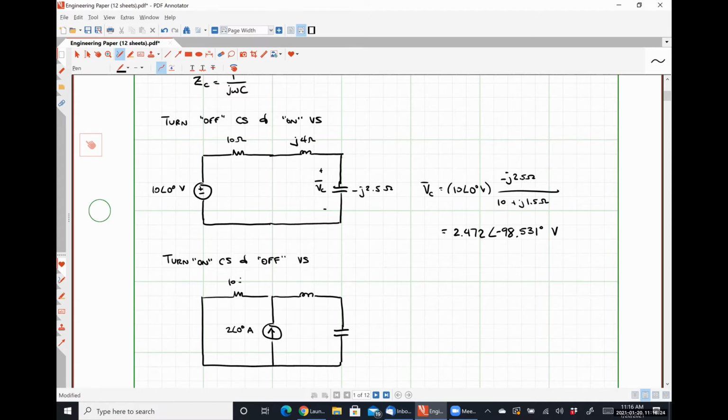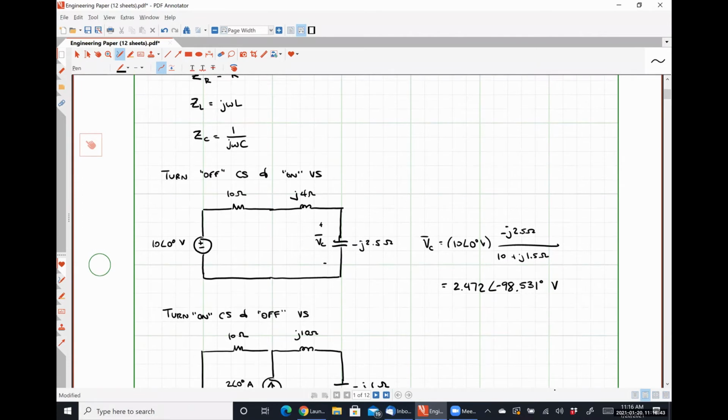Our resistance stays the same. Because omega is now 5, that means that our inductor has an impedance of j10. And our capacitor should have an impedance of minus j1, if I'm not mistaken. Let's do the math.